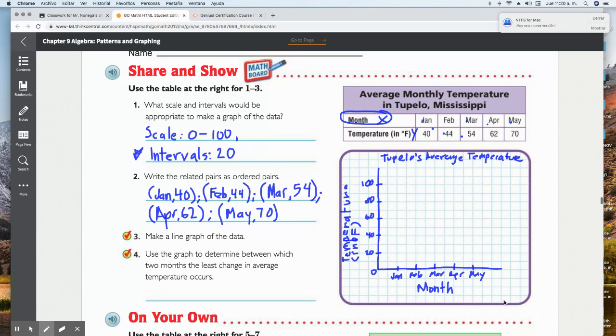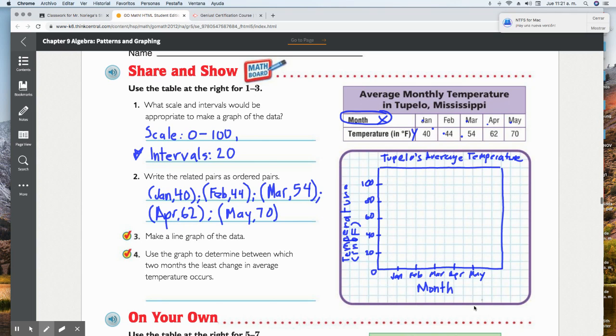So now that we have all the information in our coordinate grid, let's go ahead and close this line graph. I'm going to draw another line segment and connect the bottom line with the top line. And then we're going to start plotting our points.